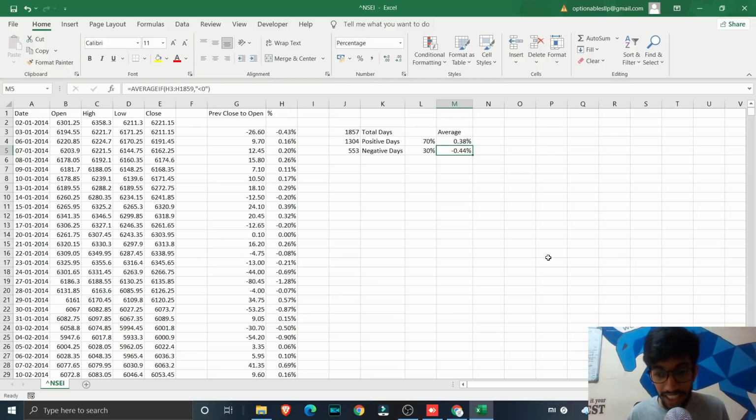So there are not a lot of differences between these numbers. So on an average, you can just conclude that 70% of the times when the market is opening higher or gap up, there is an average move of 0.4% expected. Whereas when 30% of the times the market is opening lower, you can expect an average move of 0.4% on the downside.